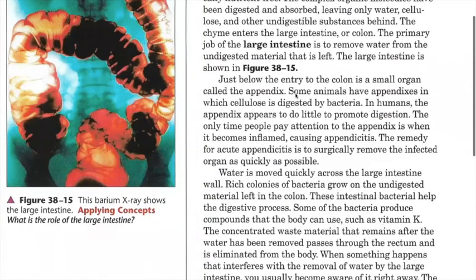Called the appendix. Some animals have appendixes in which cellulose is digested by bacteria. In humans, the appendix appears to do little to promote digestion. The only time people pay attention to the appendix is when it becomes inflamed, causing appendicitis. The remedy for acute appendicitis is to surgically remove the infected organ as quickly as possible.